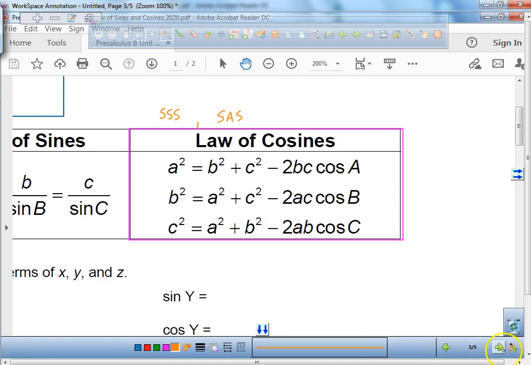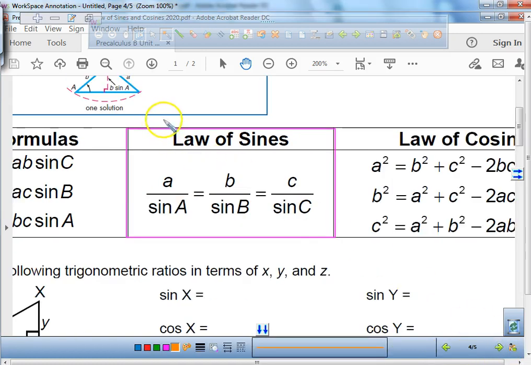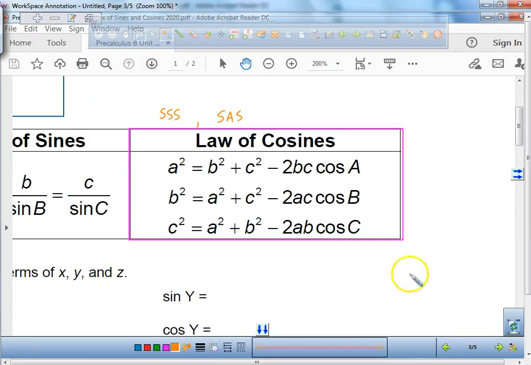You use the law of sines when you have an angle, and a side, or an angle, side, angle. If they only give you one side, everybody, if they only give you one side, you're going to have to use the law of sines. But if they only give you one angle and two sides, then you're going to use what's called the law of cosines.